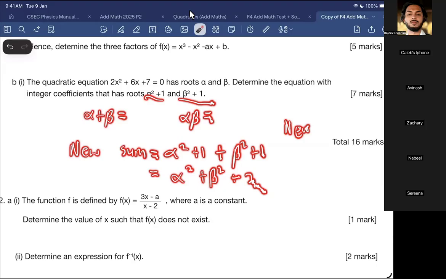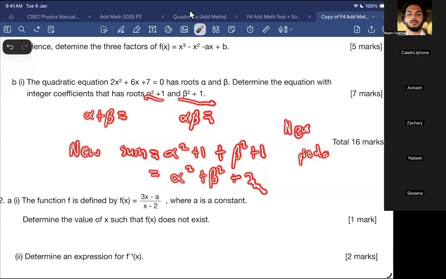So Nabil, how would I find the new product of the roots? I don't know, sir. Now you could figure this out. You could figure this out for sure.